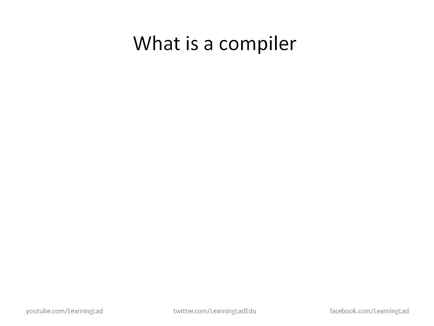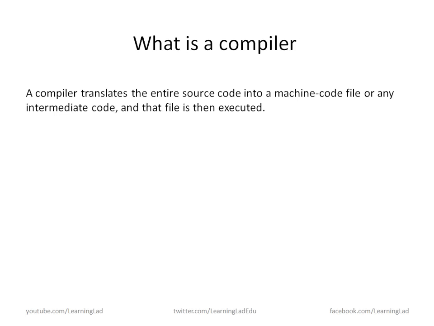So first of all, what is a compiler? A compiler is a program which translates the entire source code into machine code or any other intermediate code which can be used to execute the program. Let's see how the compiler works.